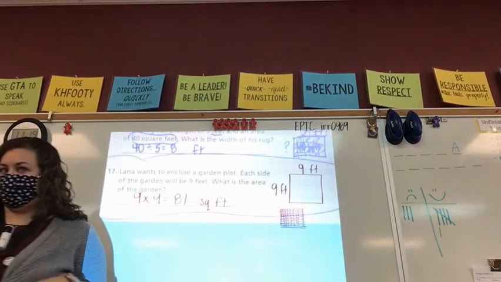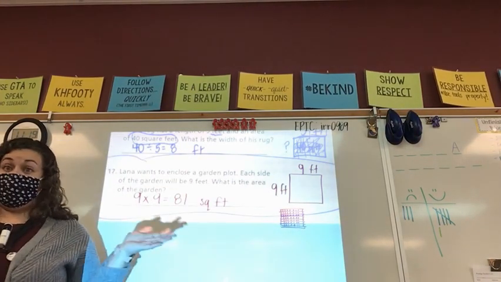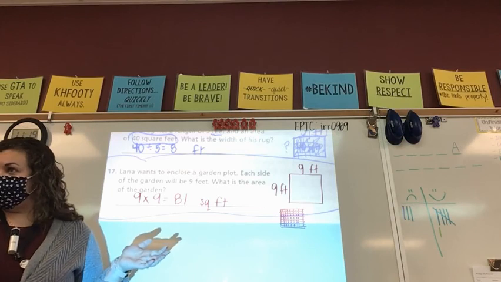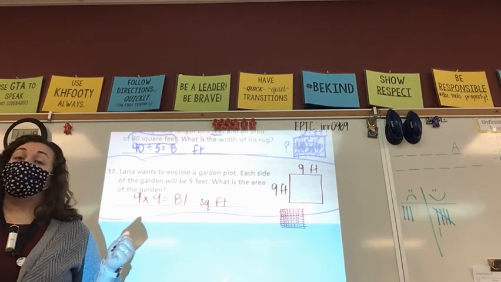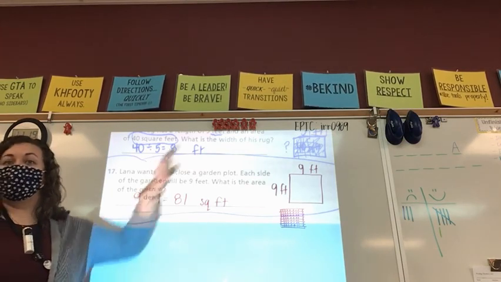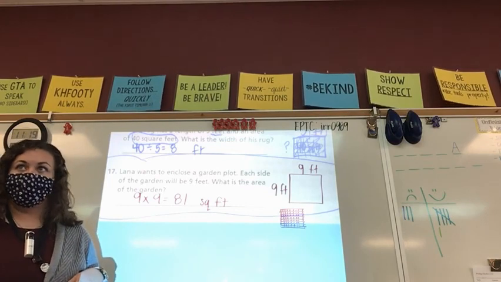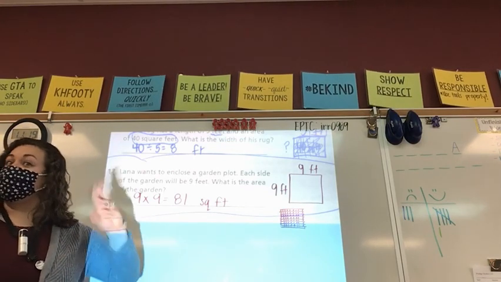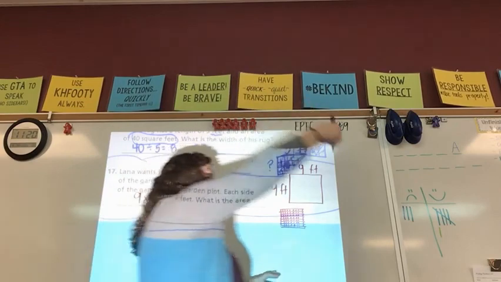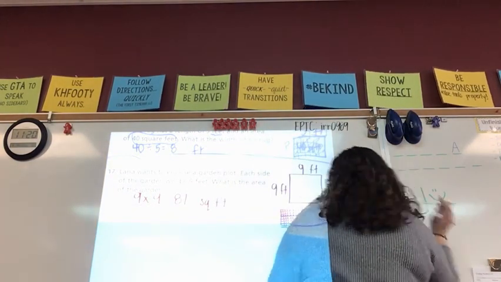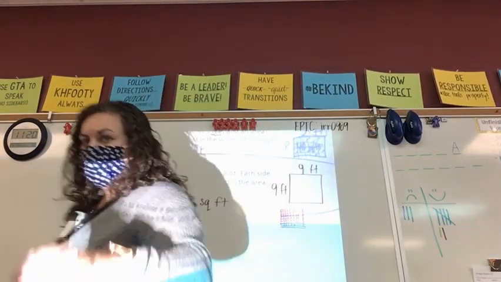You counted every single square. Would that also work? Yes. You still got the same answer. Both methods work. Which one's probably a little faster for your brains? Probably Braylon's, but both ways work. Nice work, my friends. Erase.